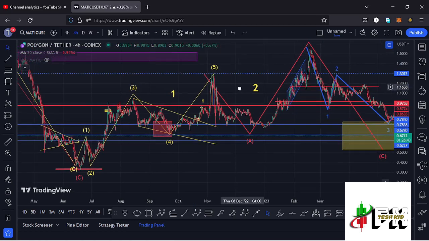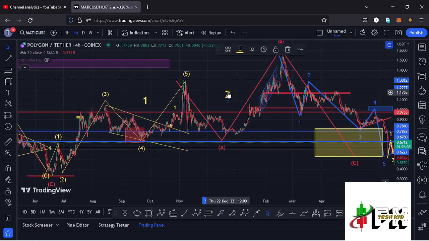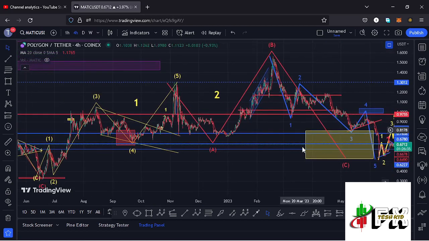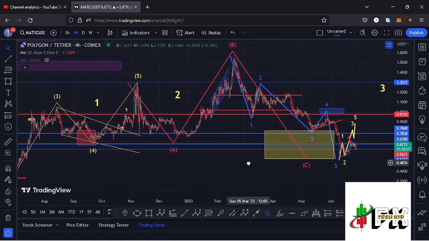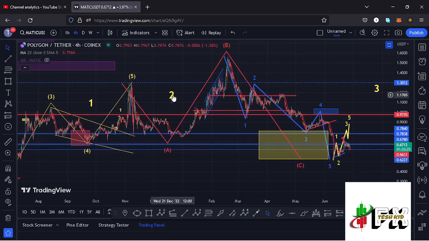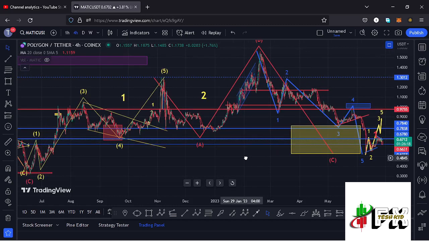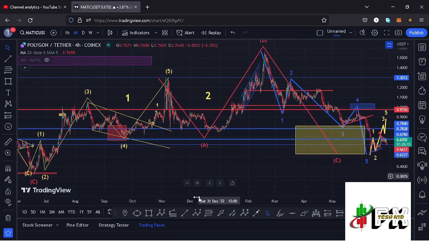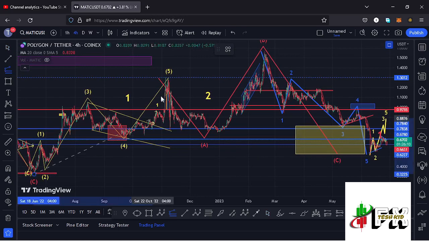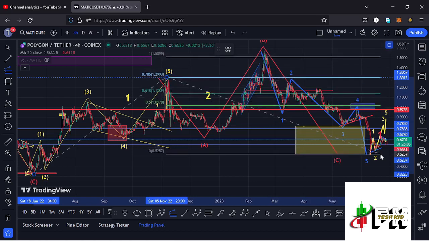Then we started a massive breakdown in the formation of a larger Elliott wave count 2, where we fully maximized minimum target areas highlighted on the charts using this yellow target area. And afterwards, whatever we expect after seeing the formation of a larger Elliott wave count 2 is the start of an impulsive move in the formation of this wave 3, and giving you minimum target areas for that third wave to the upside by connecting the trend-based Fibonacci from the low of the first wave to the high of that wave 1, then dragging the fibs to the low of the second wave.